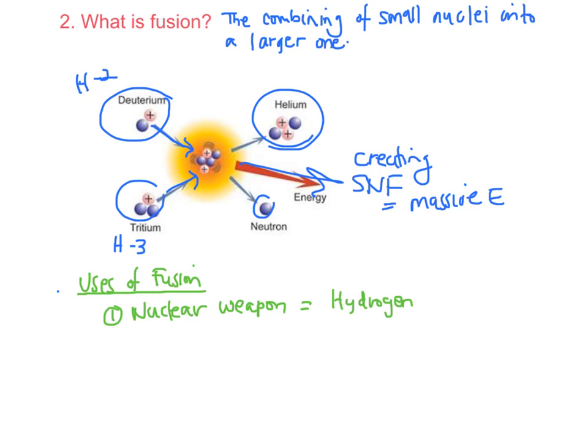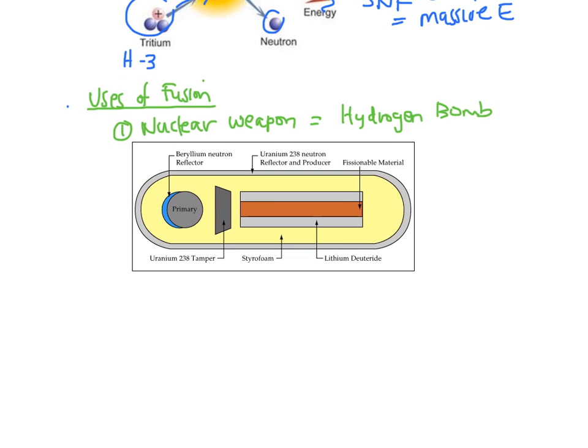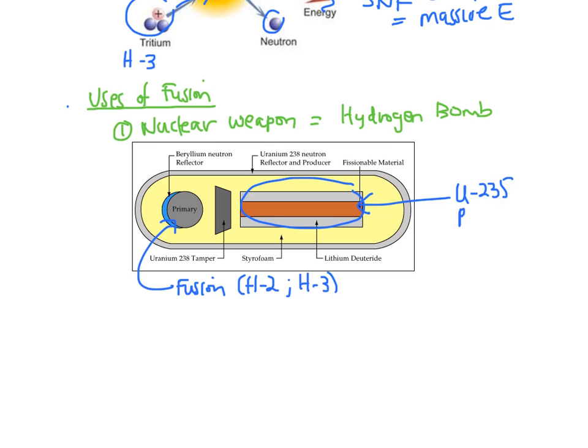And the way that a hydrogen bomb works is that you've got your fusion chemicals in here, and usually that's hydrogen-2 or hydrogen-3, so deuterium and tritium. And then you actually have this fissionable material, so maybe uranium-235 or some plutonium-239 in the core.